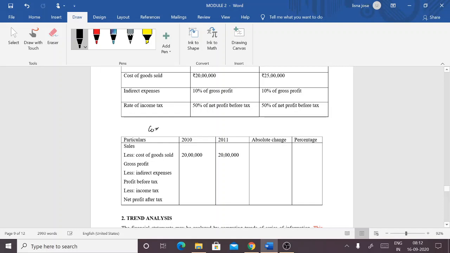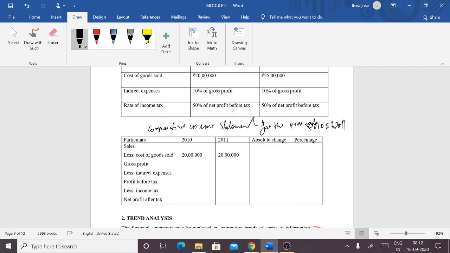Here you need to write the comparative income statement of a company for the year 2010 and 2011.